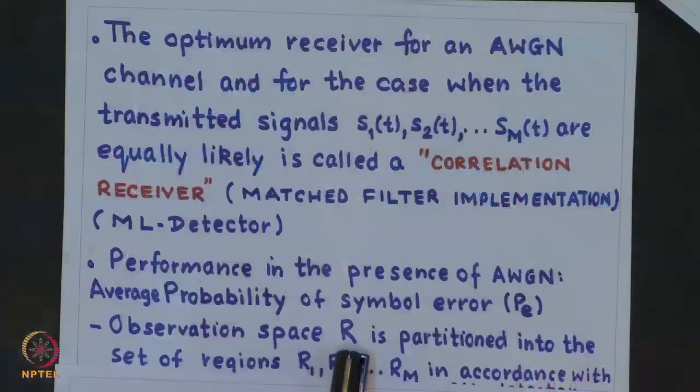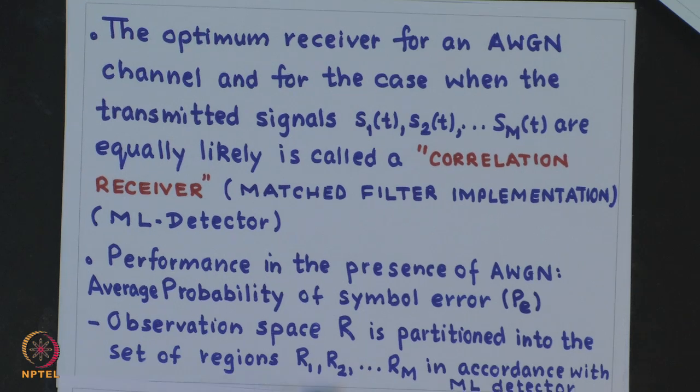Now, in order to evaluate the performance of an AWGN channel, we have to calculate the average probability of symbol error. And we have seen earlier that this is done by partitioning the observation space, which we call R, into a set of regions R1 to RM in accordance with the maximum likelihood detector. All this we have studied earlier. This was just to recollect quickly.